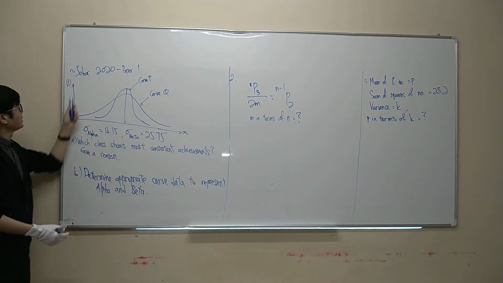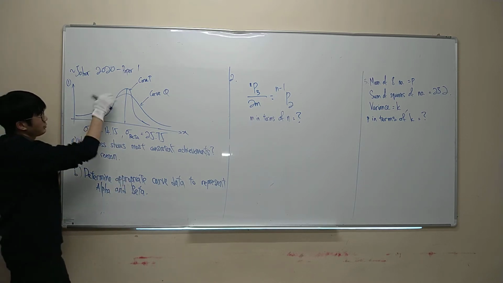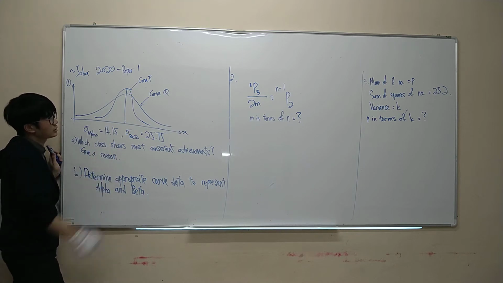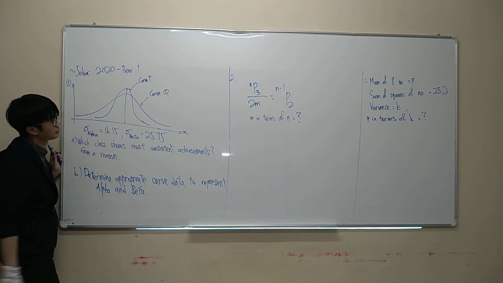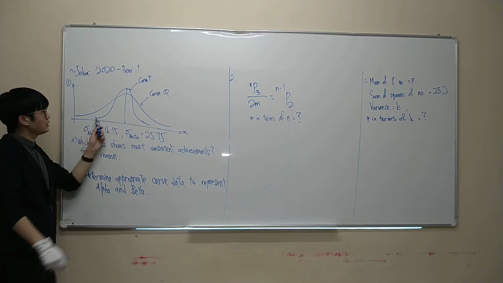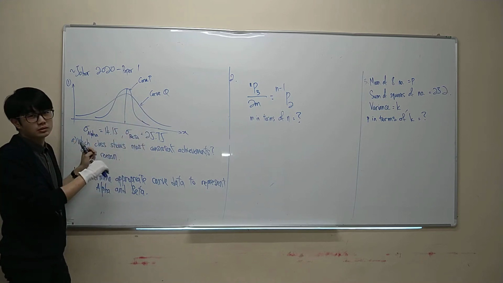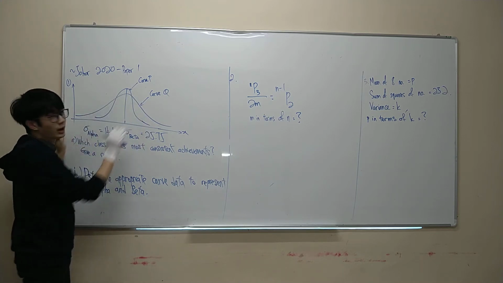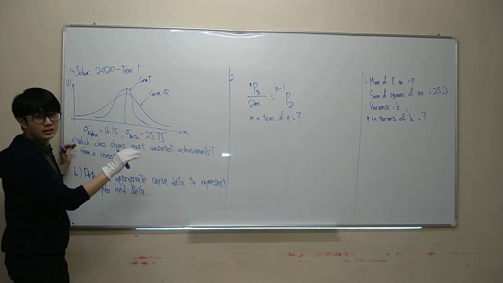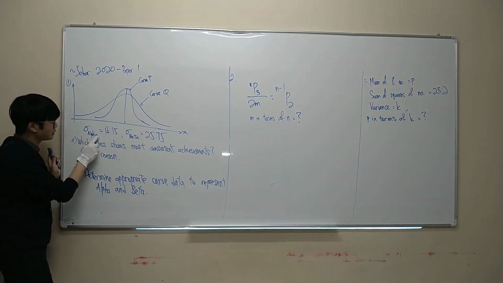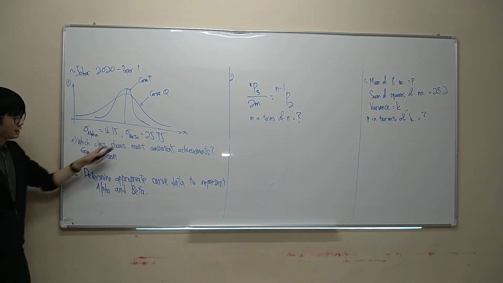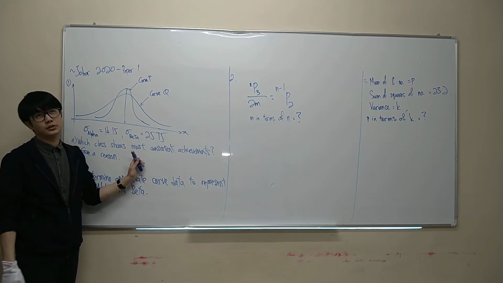Okay, so the Johor set, they give you a curve P and a curve Q here. From the diagram, you can notice that curve P is more narrow, but curve Q is wider. Then what else they give you? Standard deviation of alpha is 14.15. Standard deviation of beta is 25.75.